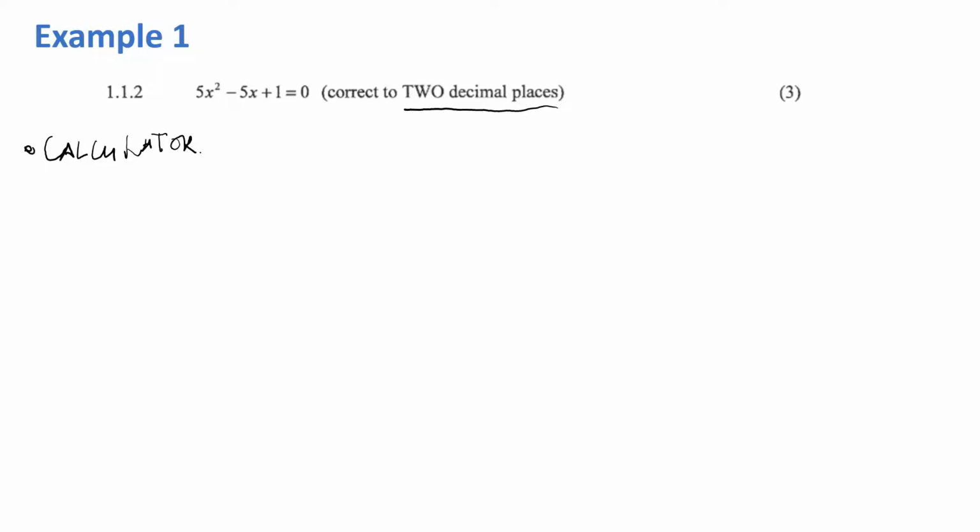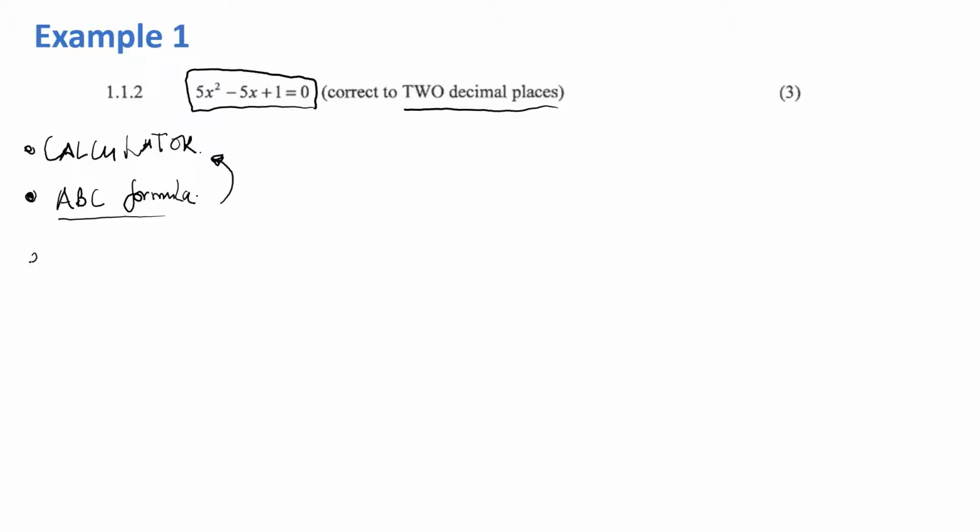But to introduce you to the ABC formula, now we're going to solve this equation using this formula, and in the end you can simplify the ABC formula using the calculator, right? Okay.